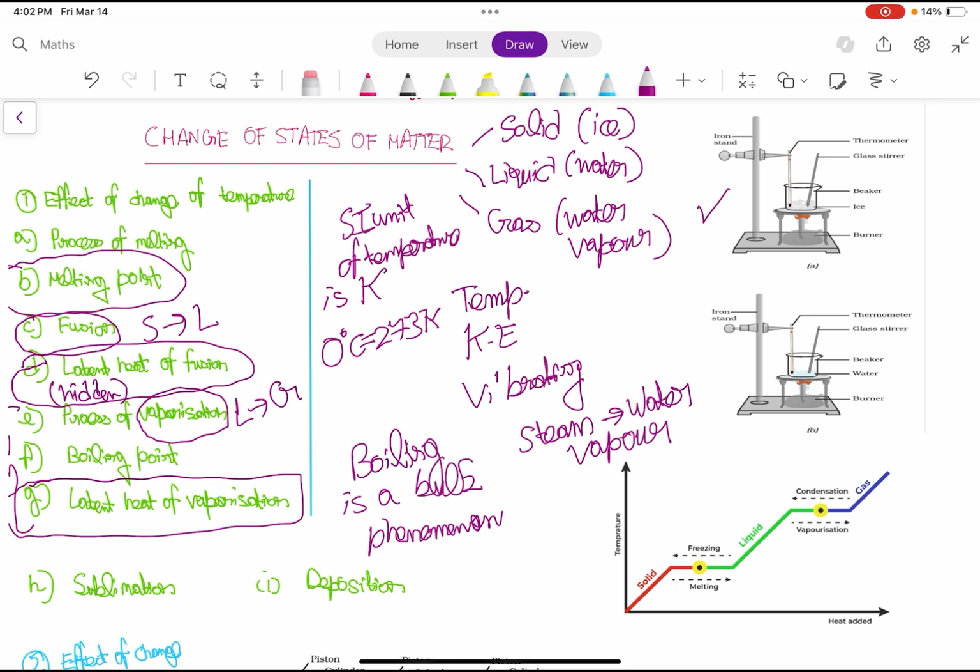For simplification, this graph can be considered to understand the interconversion of states of matter. On the x-axis, the heat added is there, and on the y-axis, temperature is noted. When the heat is added, obviously the temperature of the solid will increase.